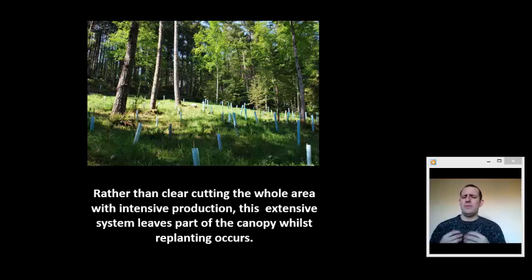The animals can re-establish their population, they have time to live and breed there, and then when one segment is cut down, because the next segment beside it will have a good complete habitat and ecosystem, the animals can simply move into the next segment, and that system maintains itself. So those are all examples of extensive systems.